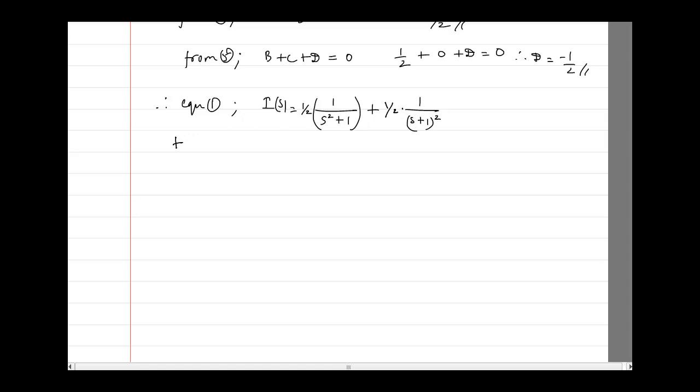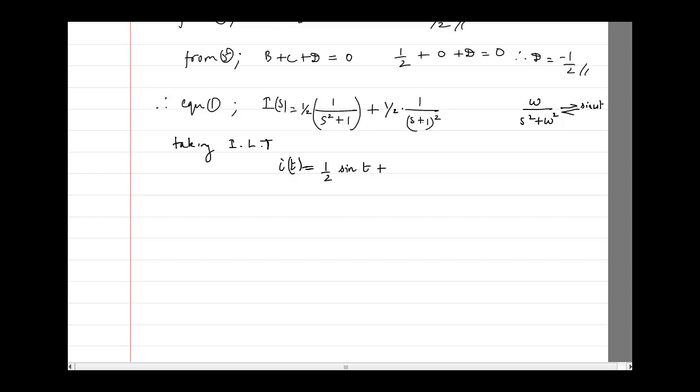Now taking the inverse Laplace transform, I of t is going to be equal to half, and if you remember, omega divided by s square plus omega square, if I take the inverse Laplace transform, I will get sine omega t. Here omega is 1, so I can write it as sine t.